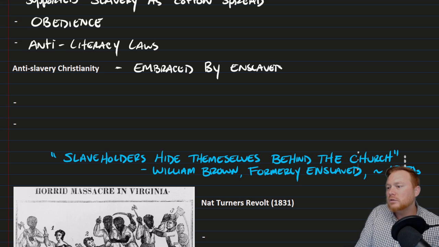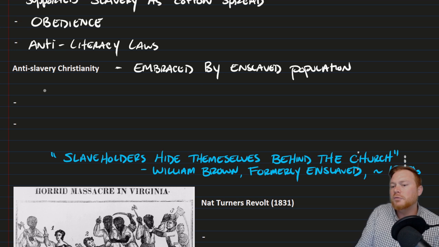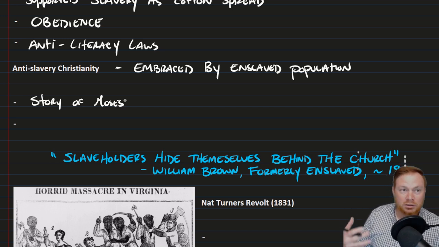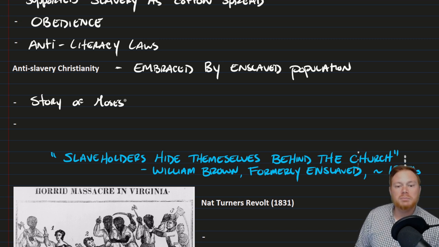So we might say about anti-slavery Christianity, this would have been the type of Christianity embraced by the enslaved population. For example, you can look no further than the story of Moses. For enslaved individuals that adhered to Christianity, it wasn't so much Jesus Christ that was the central figure. It could have been someone like Moses, who, of course, is known for having led the slaves out of Egypt.